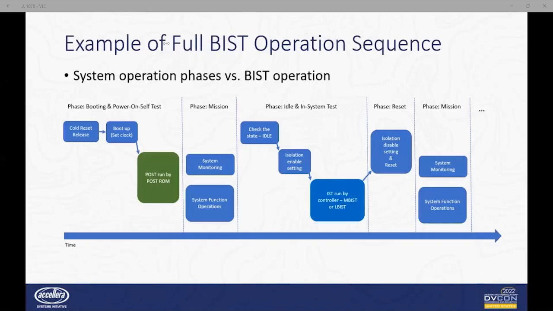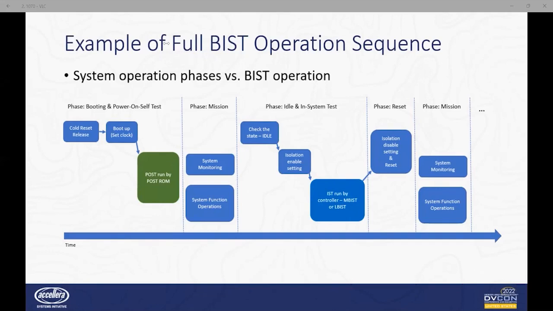This figure shows an example of BIST execution sequence to be verified at system level. When system is powered on, POST will be performed with dedicated code ROM. After that, system starts normal operation with monitoring IPs, that is checking any temperature or voltage drop.